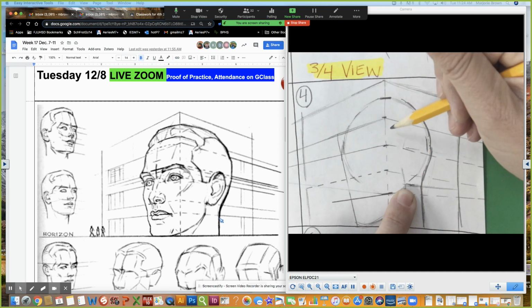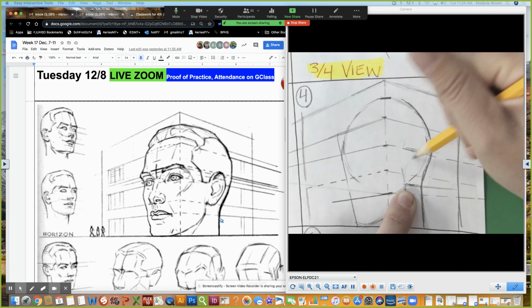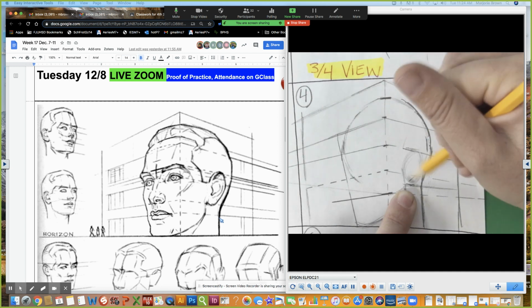I had to look, okay, it's not this line. It's the line down, and it's right here. So I'm going to make a tilted oval very lightly.